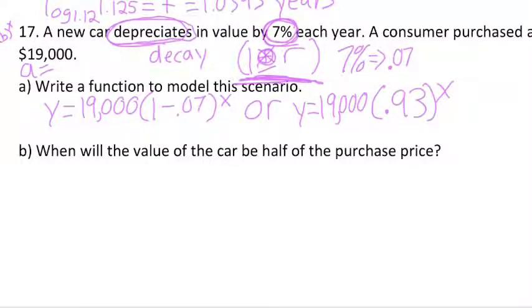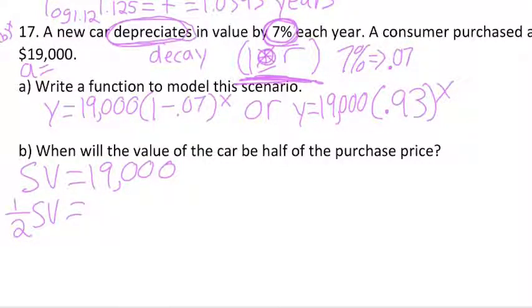So then question B asks, when will the value of the car be half of the purchase price? So we're going to take our starting value, which was 19,000. We're going to take half of it. So we're going to take 19,000 and divide it by 2. And we get 9,500.